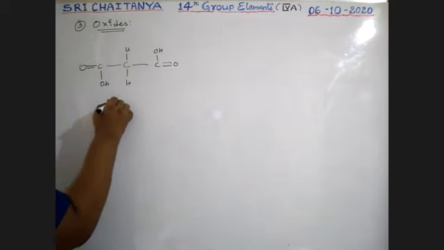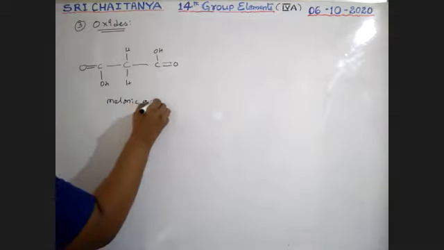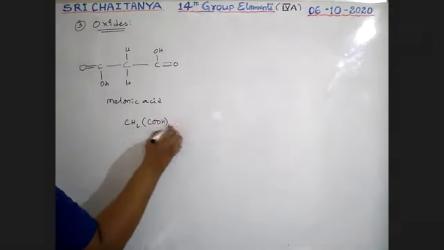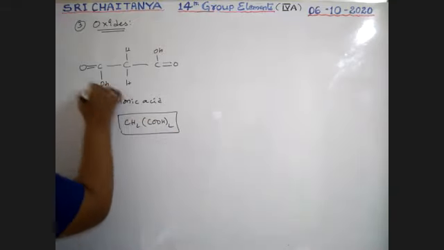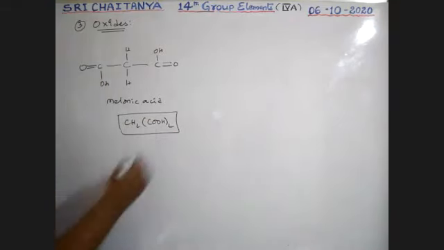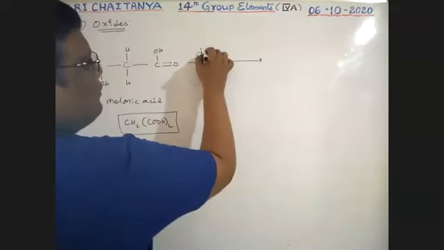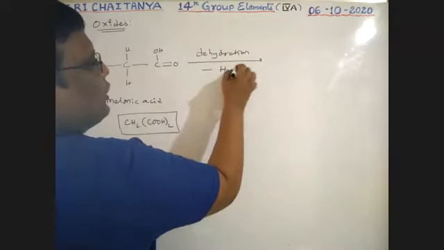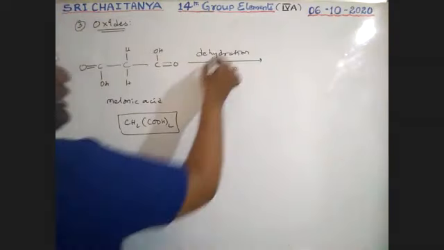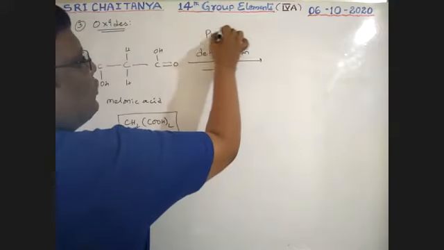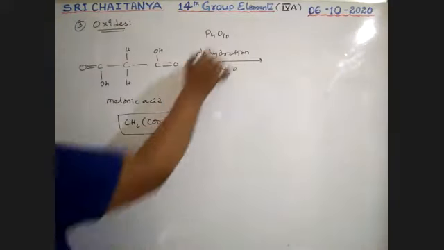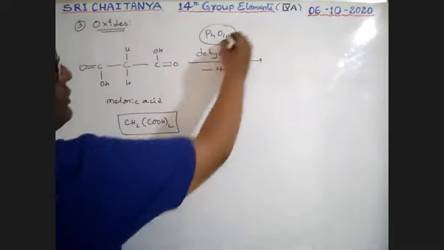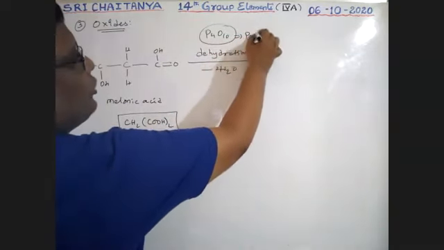It is called malonic acid. Simply CH2(COOH) twice, so I am representing it like this. Now this is dehydration, meaning removal of water molecules. This dehydration is done with P4O10, phosphorus pentoxide, a dehydrating agent, sometimes represented as P2O5 also.